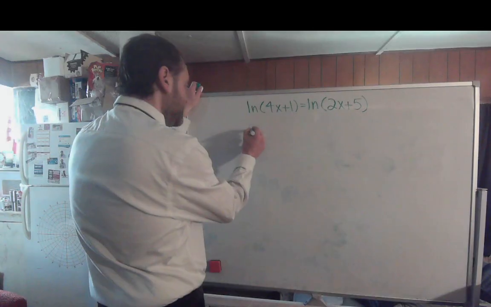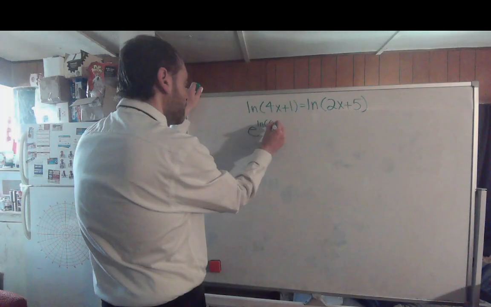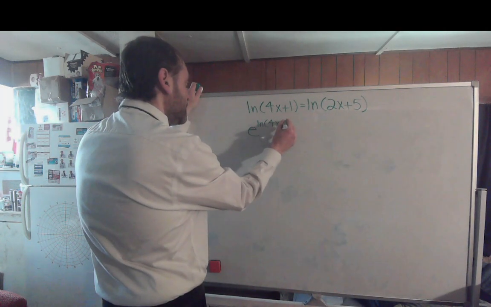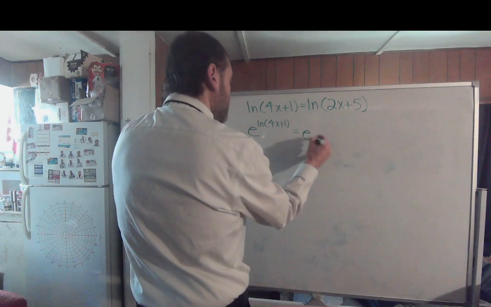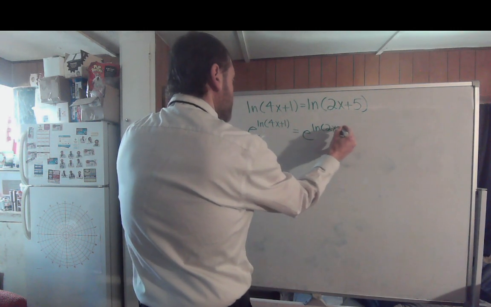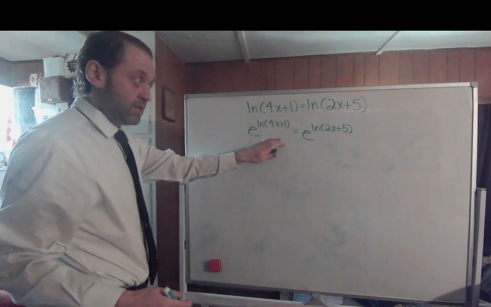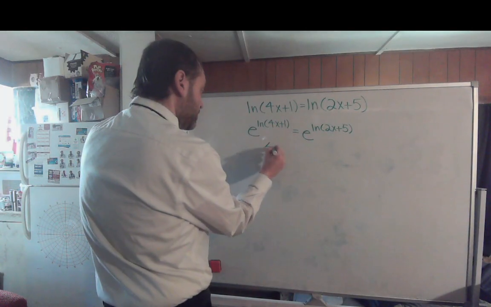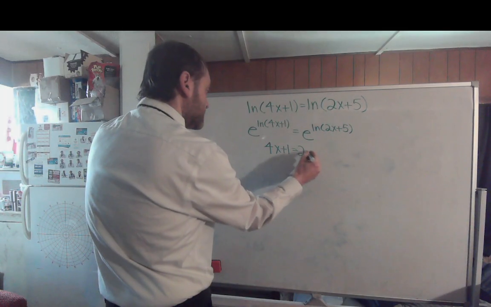So if I take e to the power of the natural log of 4x plus 1, I'll have to do the same to the other side and take e to the power of the natural log of 2x plus 5. Doing so cancels out the logarithm, and now you simply have 4x plus 1 is equal to 2x plus 5.